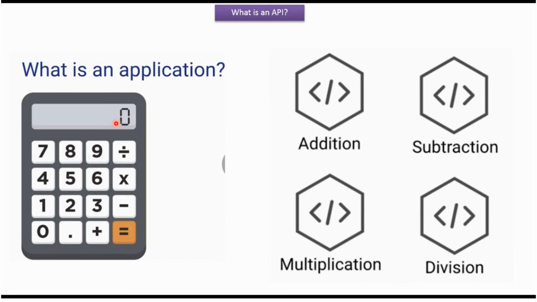The calculator application can perform different tasks like addition, subtraction, multiplication, and division. So within the calculator application, different programs will be there. The addition program will perform the addition task, the subtraction program will perform subtraction, the multiplication program will perform multiplication, and the division program will perform division.